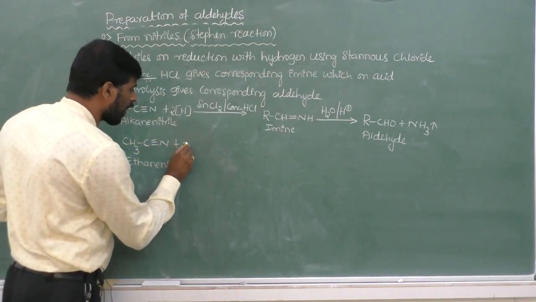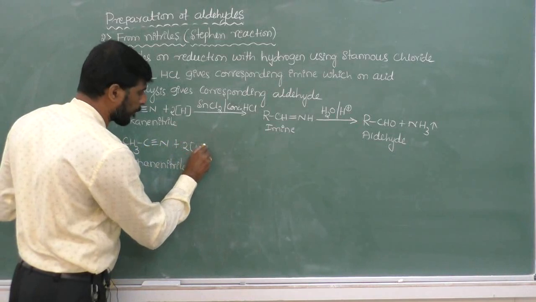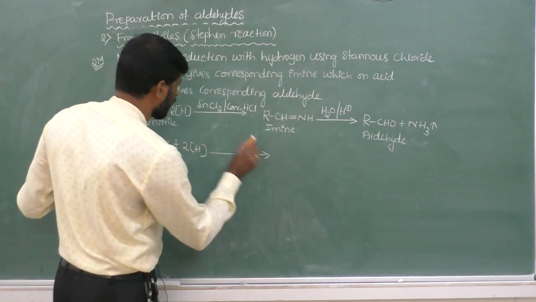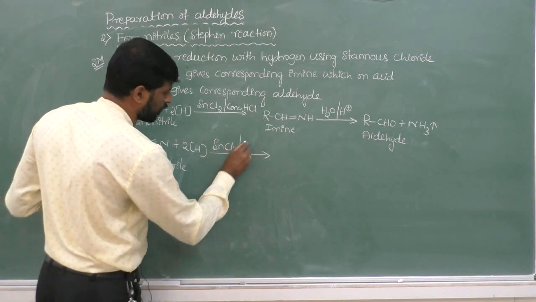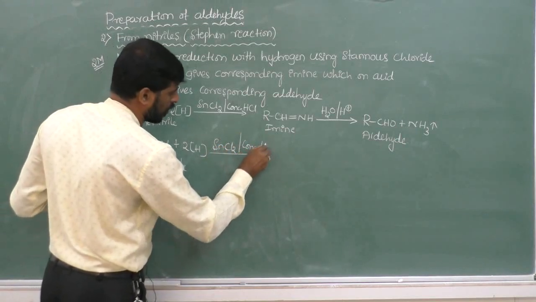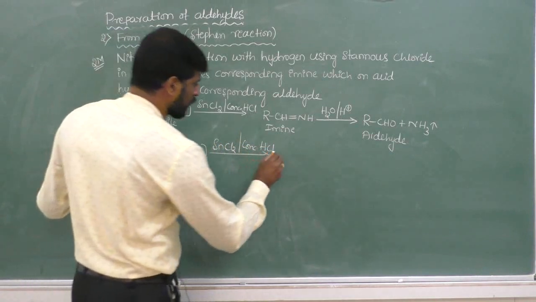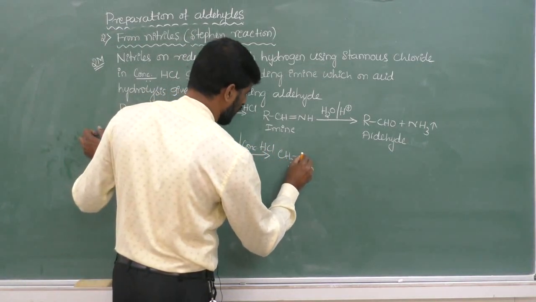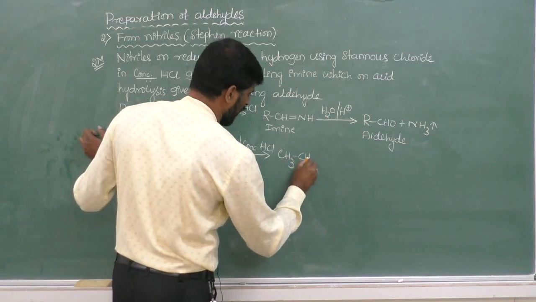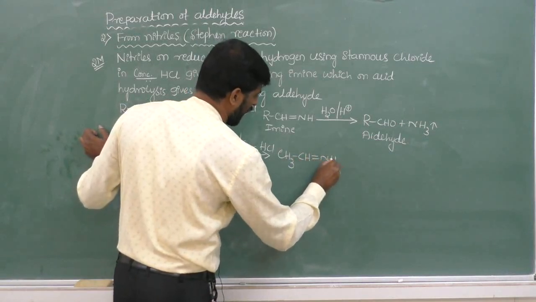Ethane nitrile on reduction leads to the formation of CH3CH=NH.